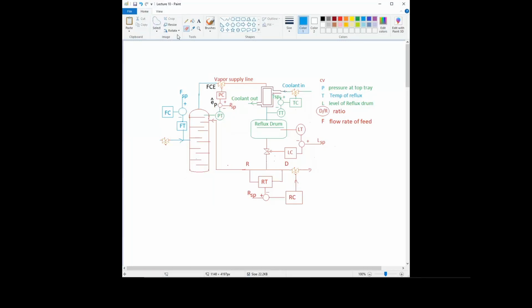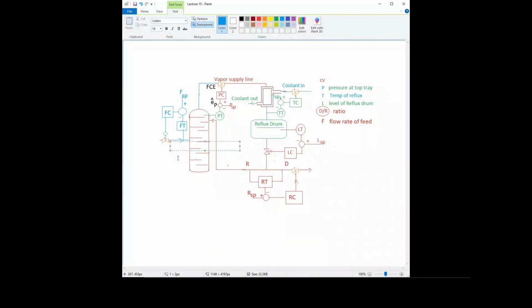Oh, rotate was there. Okay, no issue. We will draw it. So now we have a valve here, right? And then the flow controller will give the control signal to the valve, and this feed flow rate will be controlled.